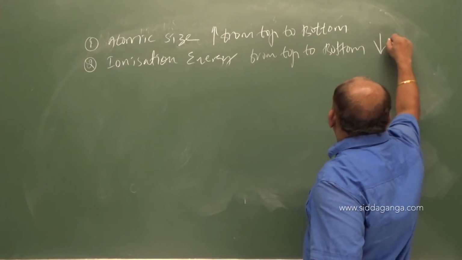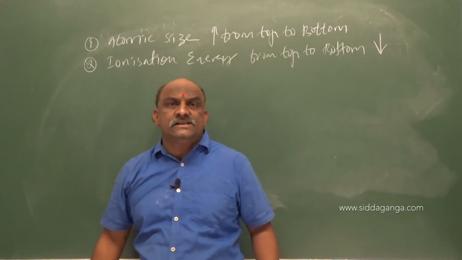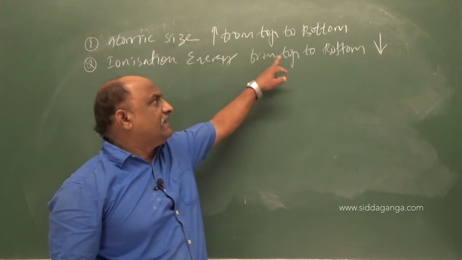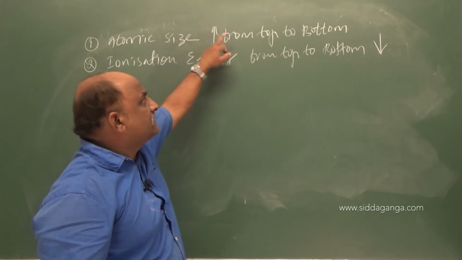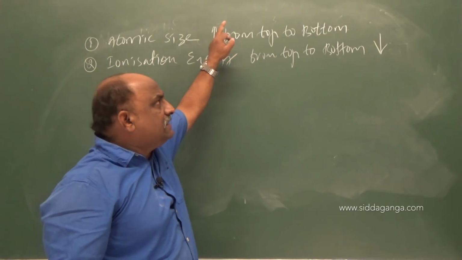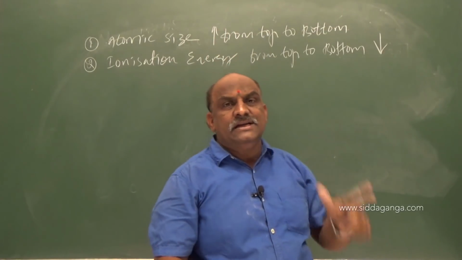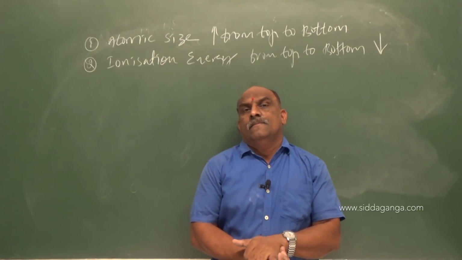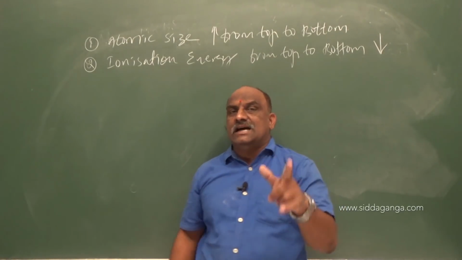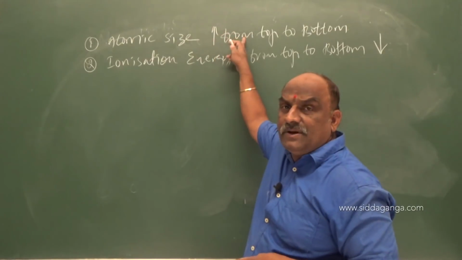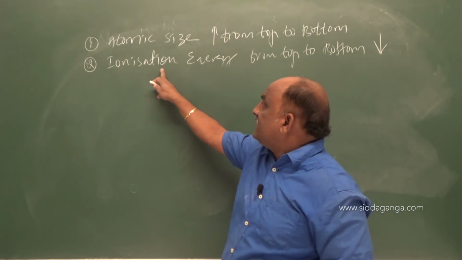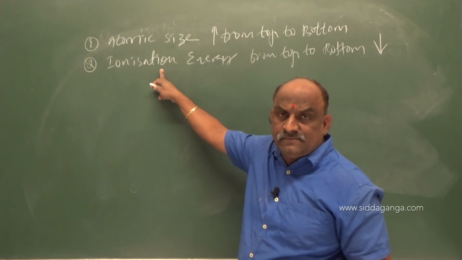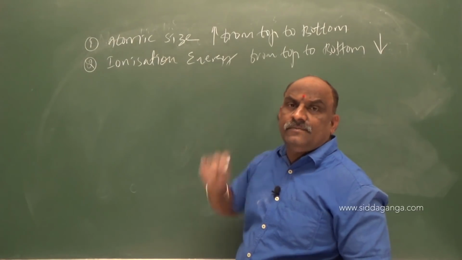They decrease, while atomic radius and ionic radius increase. What is the reason atomic radius and ionic radius increase? The last electron enters into a new principal quantum number. What is the reason for ionization enthalpies decreasing?